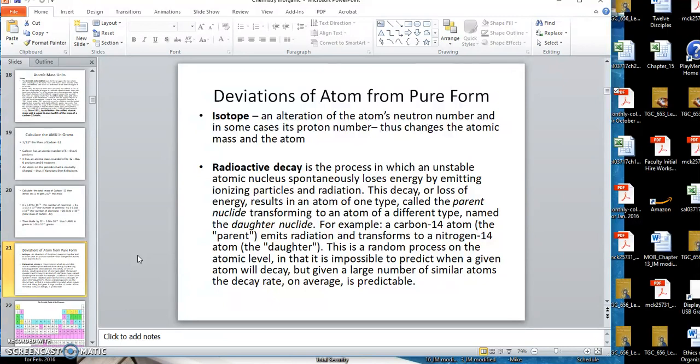Now, with a difference in the neutron number, it will not change the charge, because neutrons have a neutral charge, but it will change the atomic weight. So if you add more neutrons, the atomic weight will go up. So this is what we call the isotope. An isotope is an alteration of the atom's neutron number.